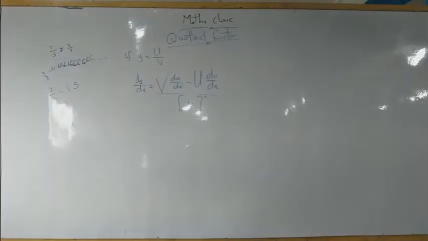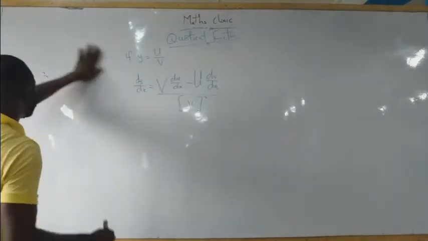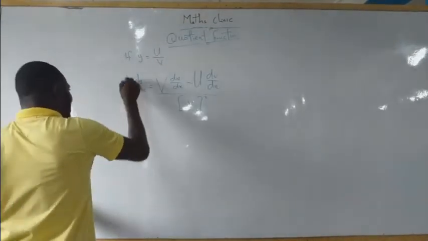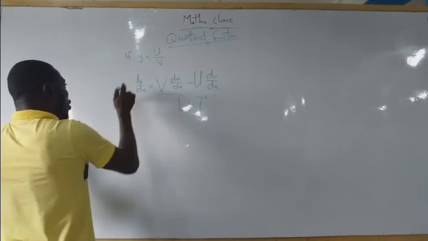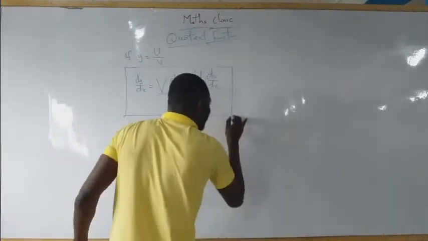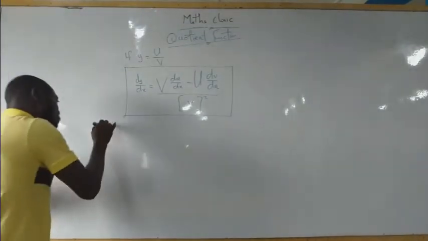You see, they are not the same. So u over v and v over u are not the same. Please take notes. So this is what we call the quotient function. Quotient has to do with division. So let's look at the proof.